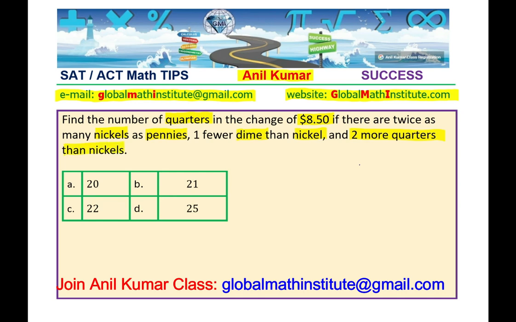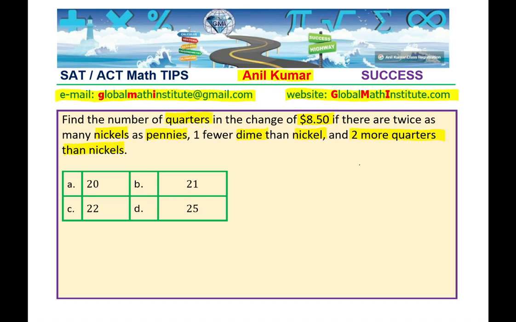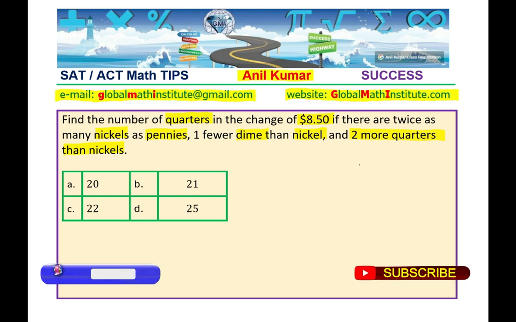So we need to define variables for pennies, nickels, dimes, and quarters. We should also know their denomination, their value. So let me write that down first, and then we'll make an equation and solve it.